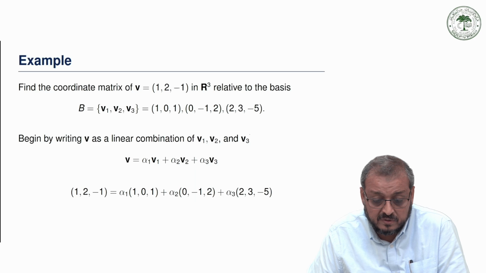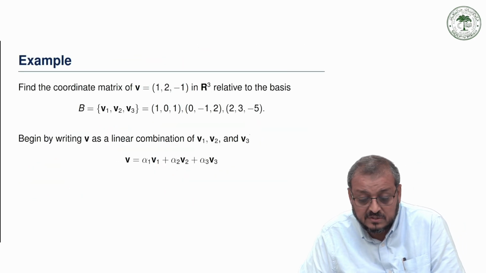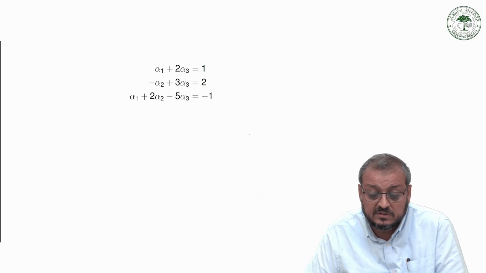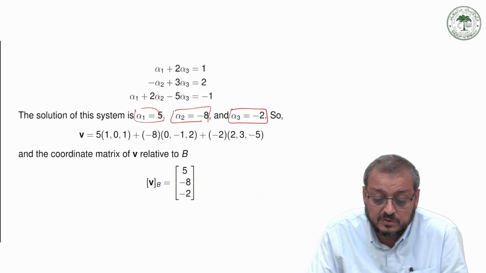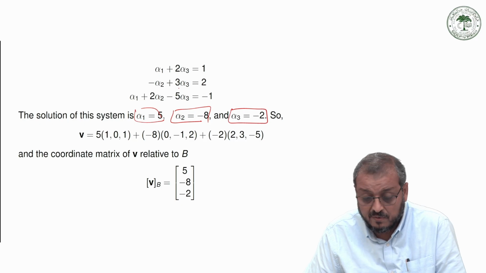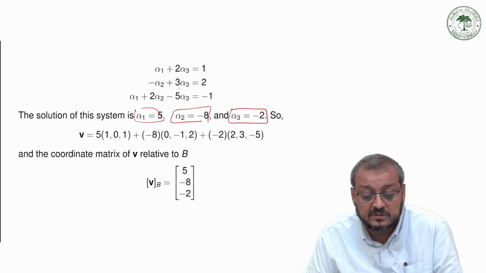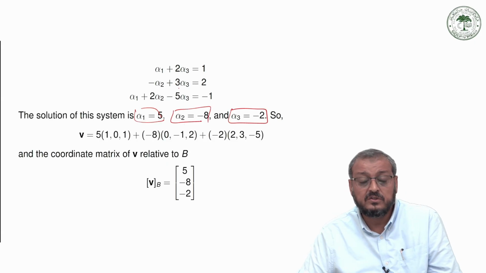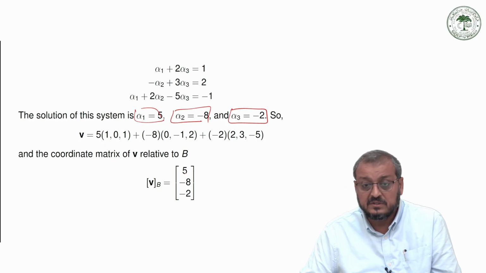In the previous calculation we had some mistake, but this is the correct calculation. We have to solve the system in this form. I think I made a mistake somewhere here. Okay, yeah, this is correct. So the answer is 5, minus 8 and 2.